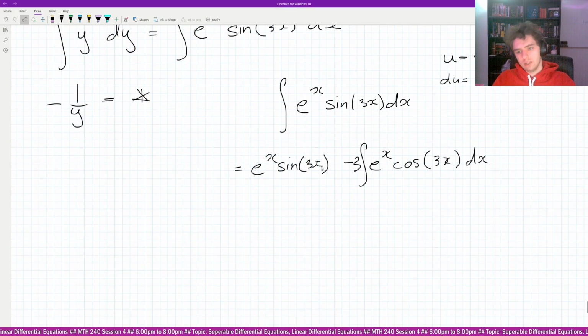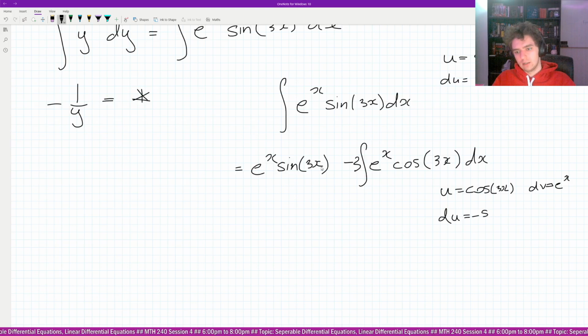I'm going to do another integration by parts. So u equals cos 3x, dv equals e to the x, du equals negative 3 sine 3x, v equals e to the x.